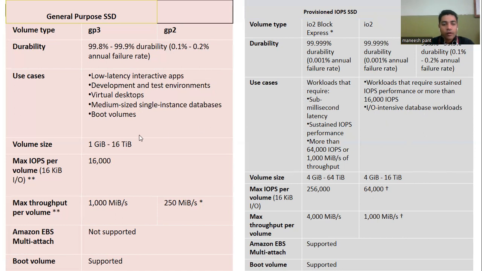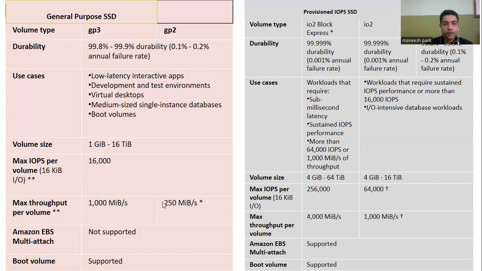Now they are also different in volume size and maximum input output performance. Volume size in general purpose is 1 GB to 16 TB, whereas for provisioned it is 4 GB to 64 TB. Maximum input output per second per volume is 16,000 in general purpose. Here it is 256,000. Maximum throughput is also different. Here it is 1000 MB per second, and here it is 4000 MB per second.